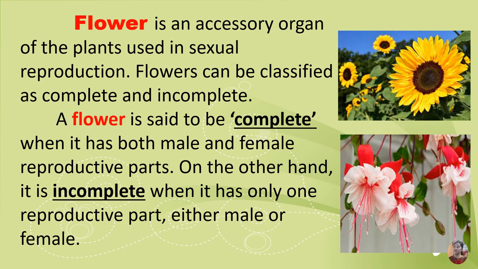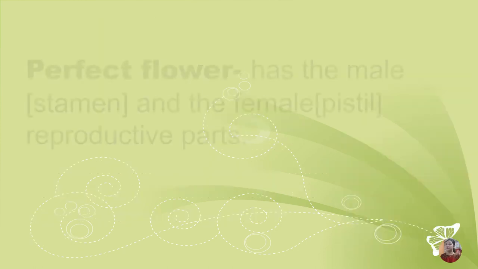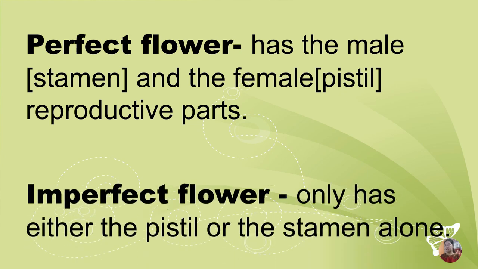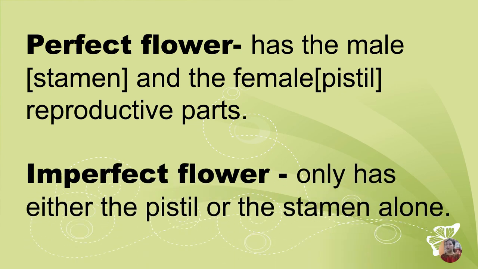On the other hand, it is incomplete when it has only one reproductive part, either male or female. A perfect flower has the male or stamen and the female or pistil reproductive parts. An imperfect flower only has either the pistil or the stamen alone.